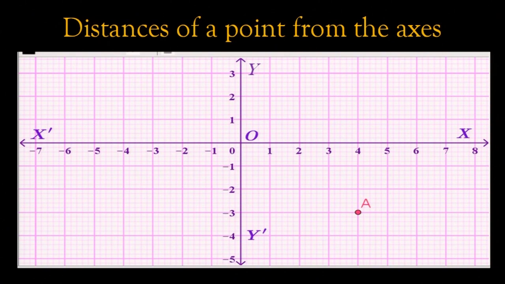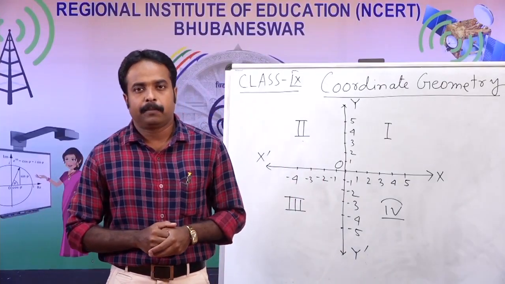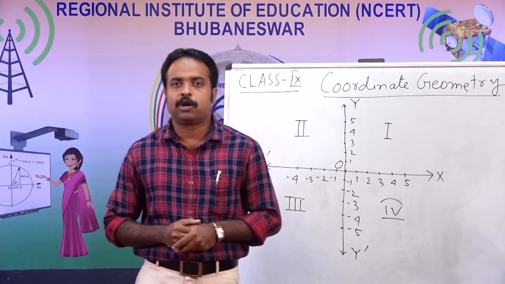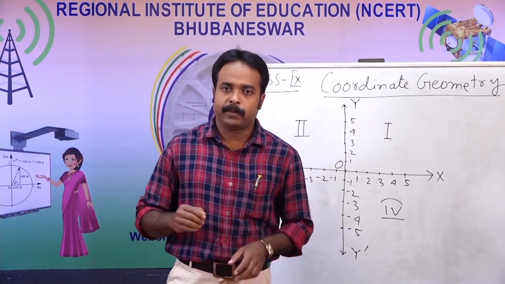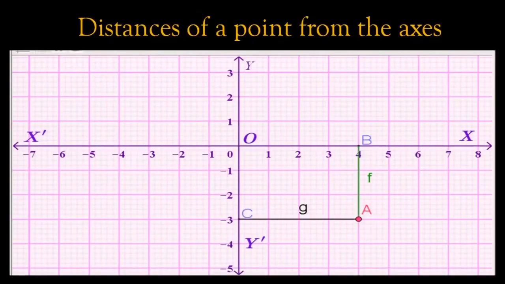To find the perpendicular distance of the point A from both the axes, let us drop perpendiculars from A upon the x-axis and upon the y-axis. So you may see that AC is the perpendicular upon the y-axis from A, and AB is the perpendicular upon the x-axis from A.